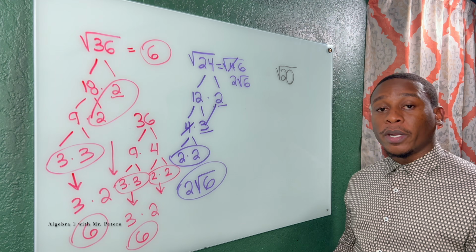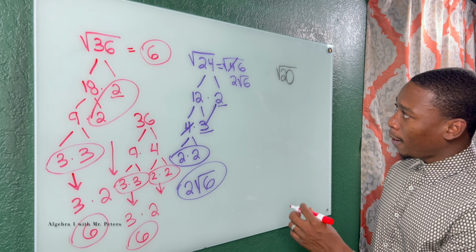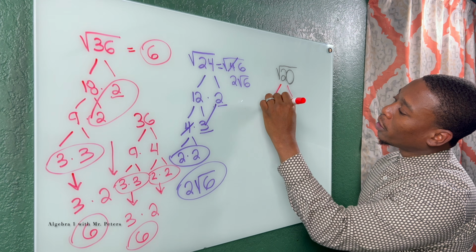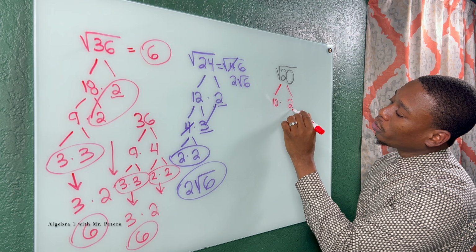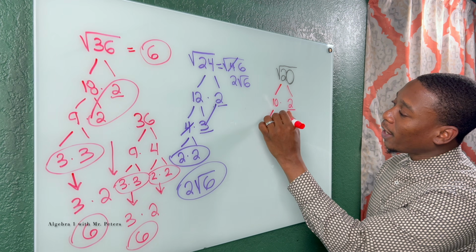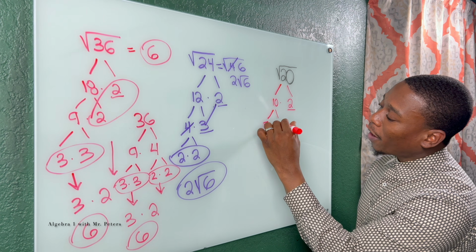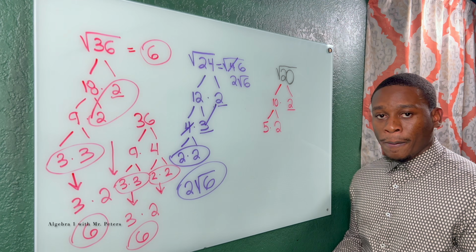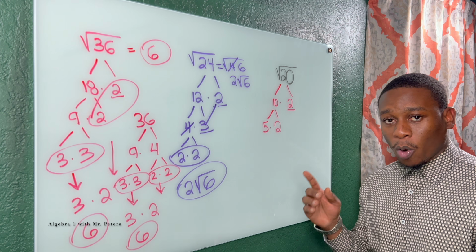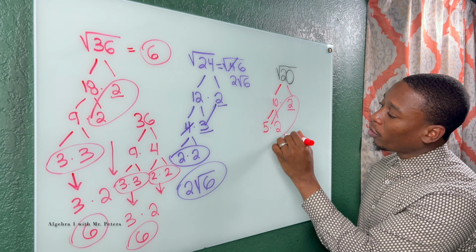So in the third example now, we're breaking down radical 20. And for radical 20, let's say we did 10 times 2. We know 2 is prime, so we're going to focus on 10. And when we break 10 down, this is going to turn into 5 times 2. Now at this step, all of these numbers are prime. We could only divide them by 1 and itself. So I have a pair of 2's.